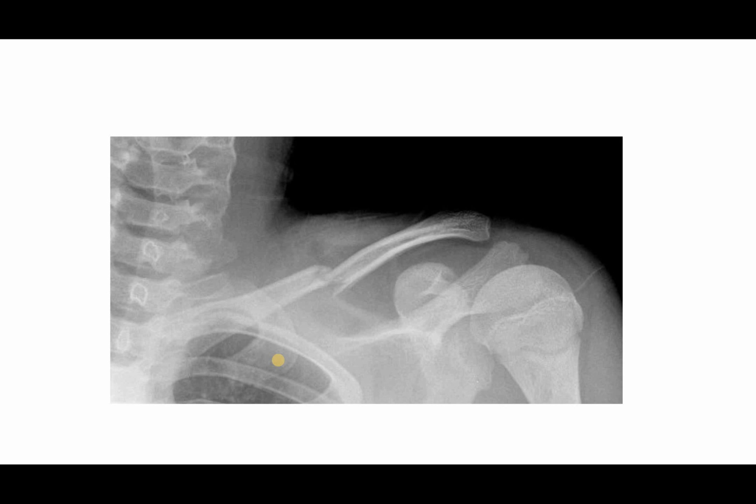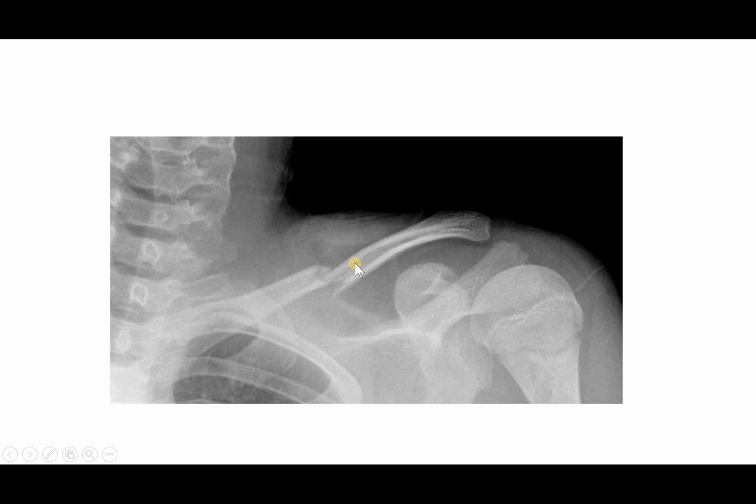Okay, what are you looking at? This is another shoulder, humeral head, part of the scapula. Here's clavicle. There's ribs, a little bit of lung shadow, cervical spine, and this white stuff you see here, that's soft tissue, skin, and all that.